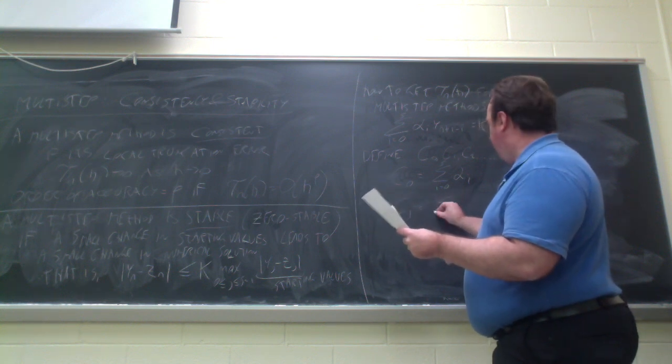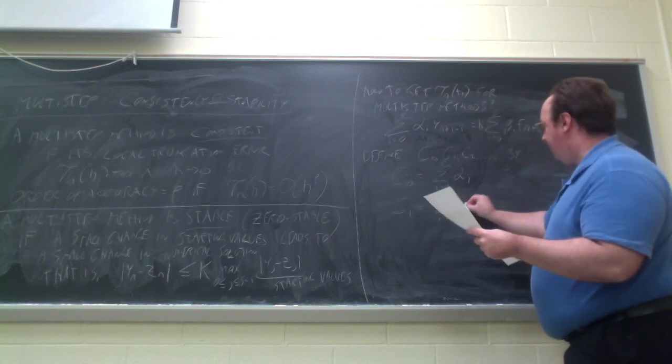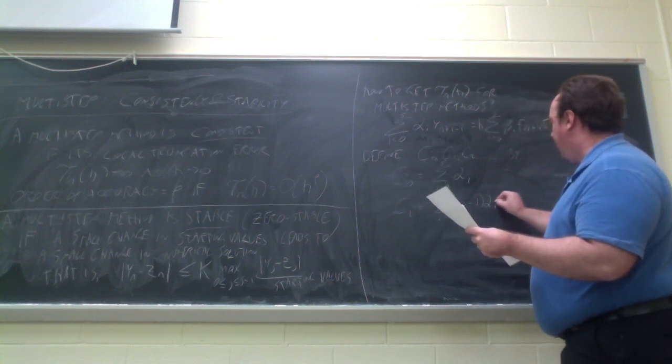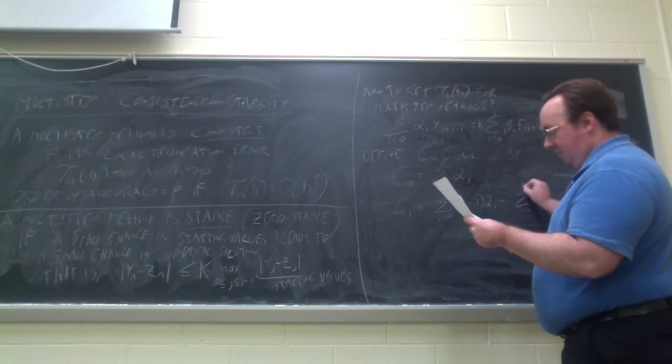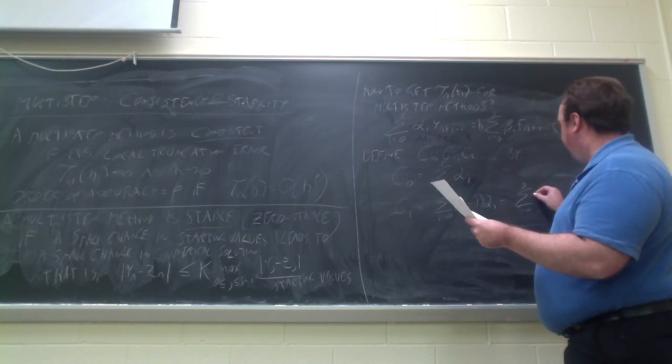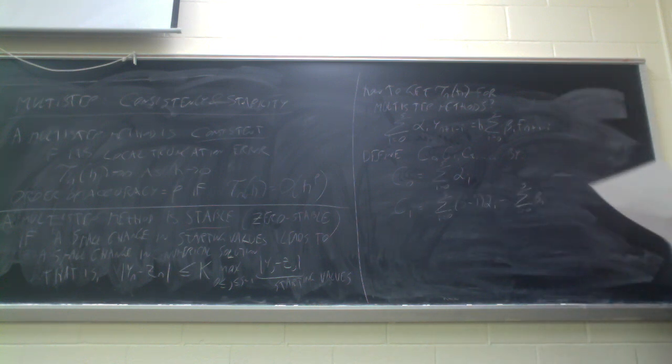And then C1 is going to be the sum of (s minus i) alpha_i, and then the second sum will be the sum of all of the betas.